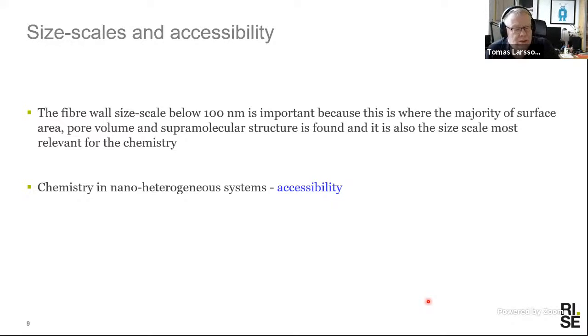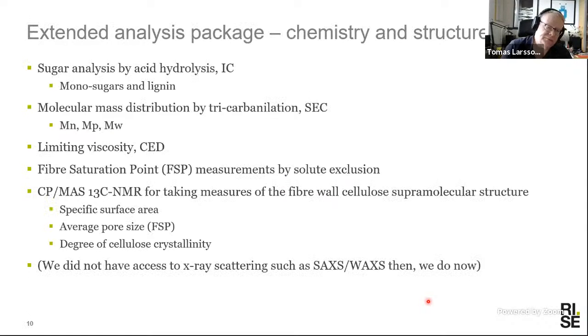I would say it's whether you can transport things into a fiber wall, where things can react, which part of the solids is actually accessible to reagents or chemicals you add, and also if you need to transport things out of the fiber wall. Accessibility is of course connected to kinetics as well, but as a generic term, I would say that accessibility is really a central concept to understand what goes on in these systems.